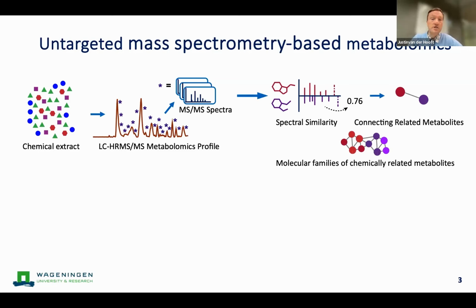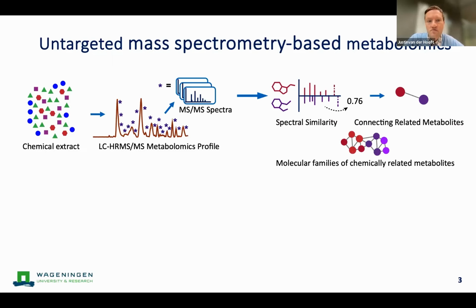We can decide to connect spectra or features where we deem them sufficiently similar to each other based on their spectra. And when we do that, we can also start to construct networks or molecular networks, as the field is typically calling them these days. Mass spectral networks, you could also call them. And in there, we can start to recognize groups of molecules that are more interlinked than others.